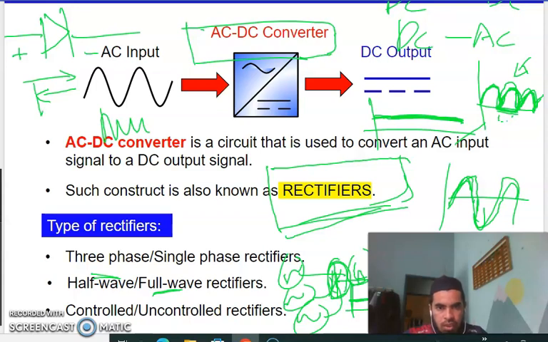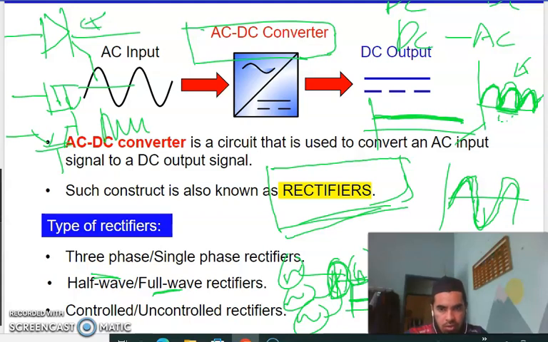But for a controlled rectifier, it doesn't mean that we use only diodes. Maybe we use SCR, maybe we use MOSFET, maybe we use a transistor. So the rectifier is a system, not referring to the device but to a system to rectify. So, controlled or uncontrolled rectifier.